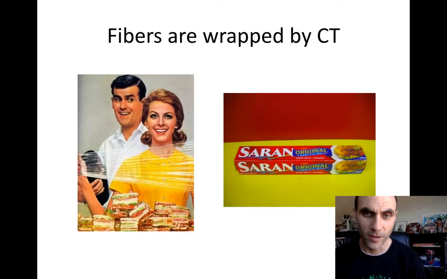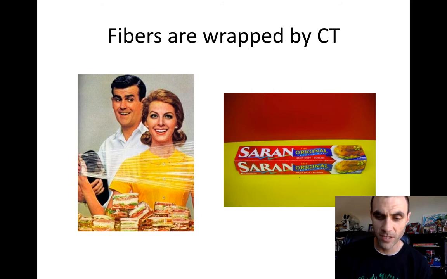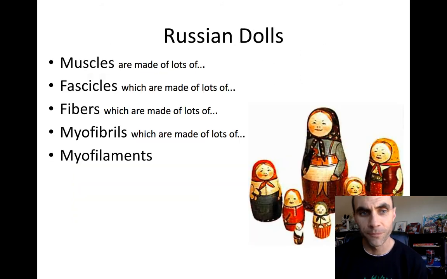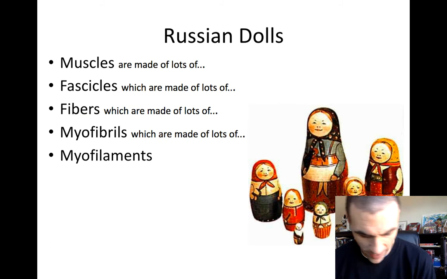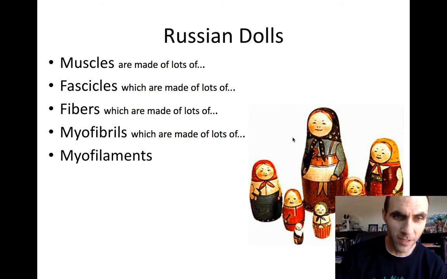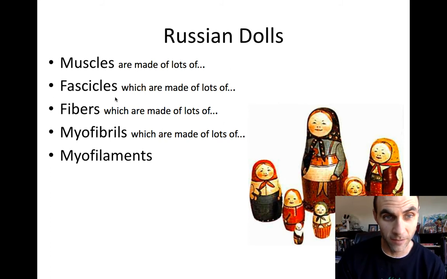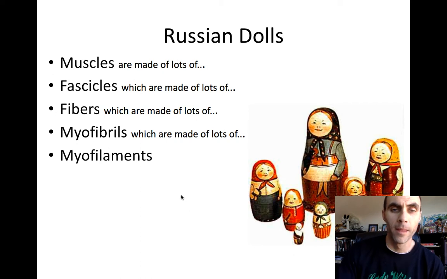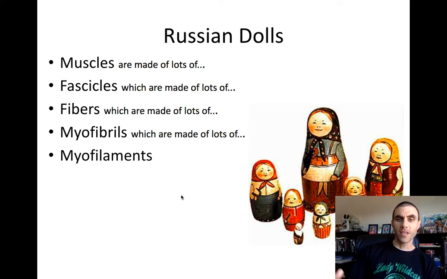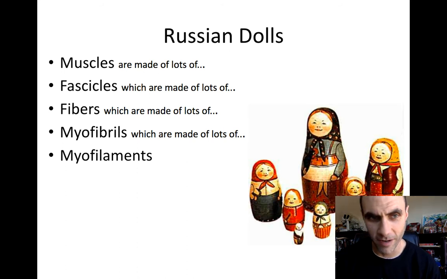So muscle fibers are wrapped by connective tissue. As we look, we're going to talk about fibers a lot. Like we're going to spend our life in here. But let's think about this. We can compare these things to the matryoshka, Russian dolls. I don't know if I said that right or not, but muscles are made of fascicles.